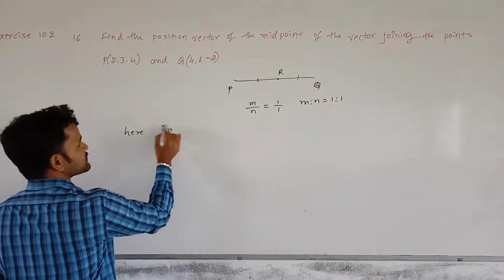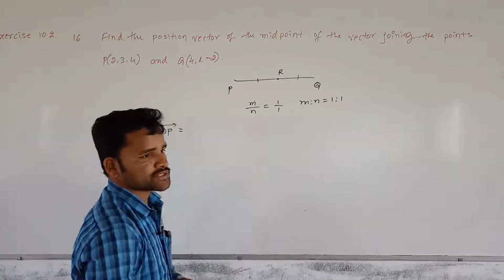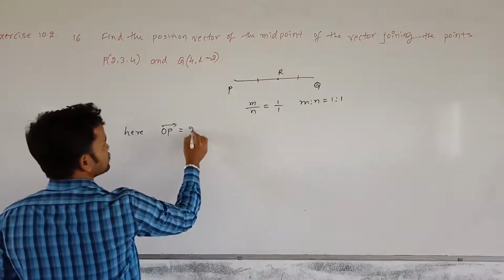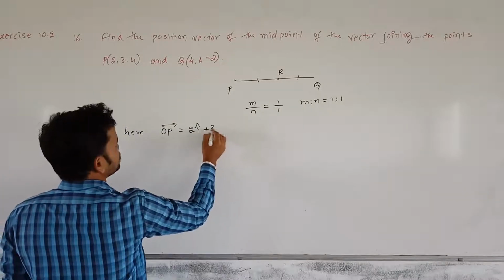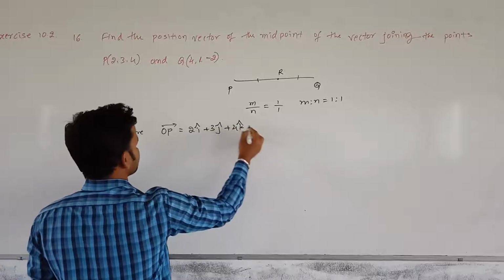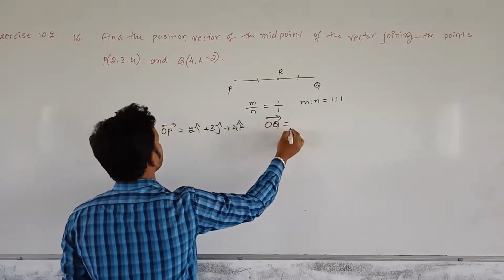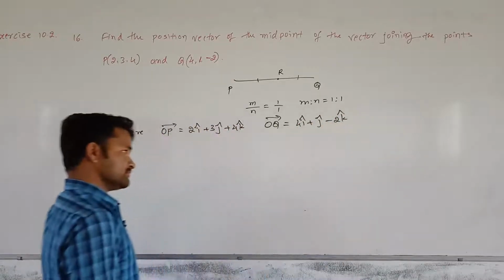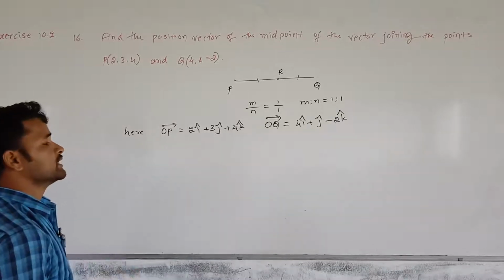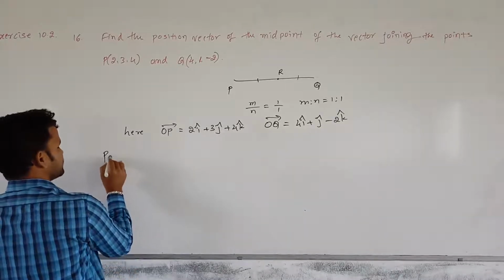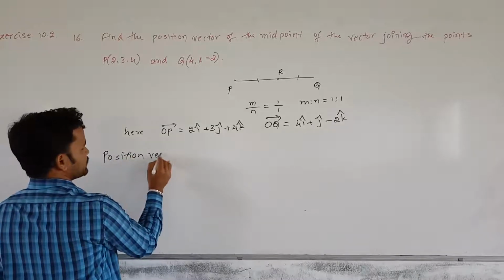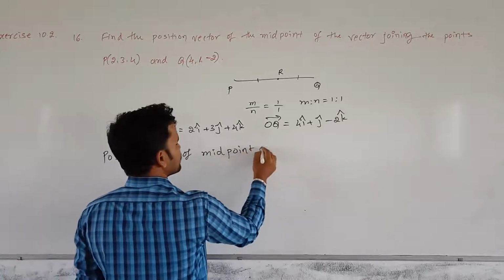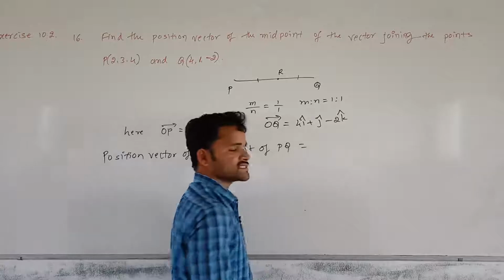Here we will write the position vectors of these 2 points. What is the position vector of the point P? Point P is 2, 3, 4 coordinates. So, vector OP will be 2i plus 3j plus 4k, and then vector OQ is 4i plus j minus 2k. Then the position vector of the midpoint of PQ is nothing but what?